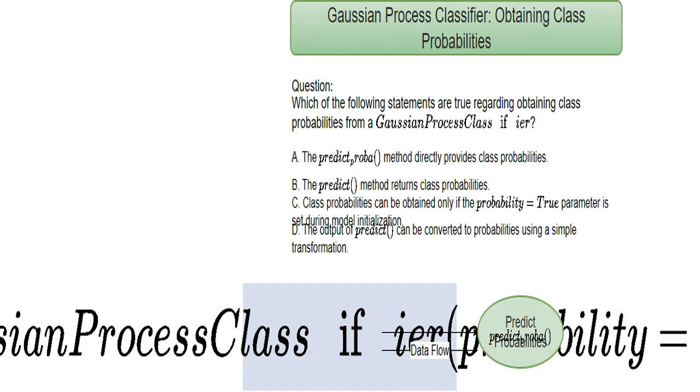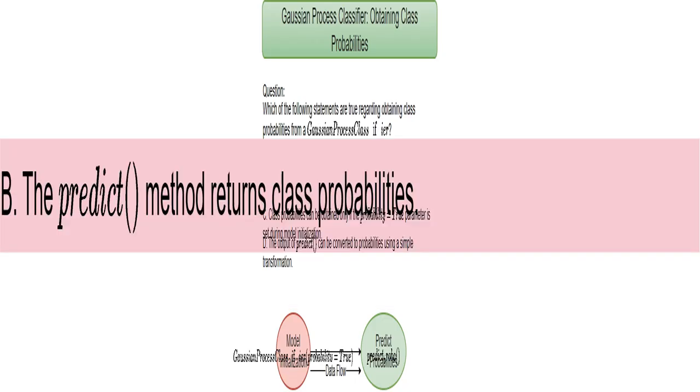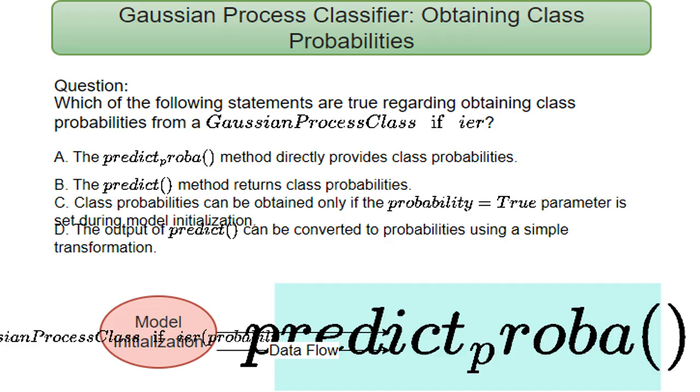It's really important to remember to set probability equals true when I'm creating my model. This shows how I create a Gaussian process classifier model and explicitly turn on probability calculation by setting the probability argument to true. The predict method only gives me the predicted class labels, not the probabilities. After I've set up my model with probability equals true, I use the predict_proba method to get what I need.